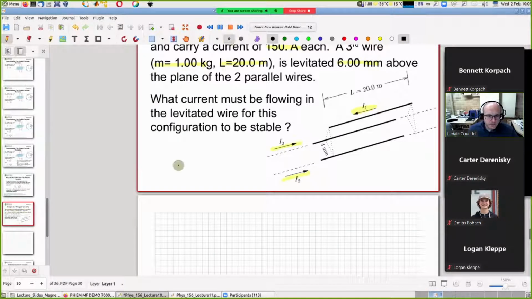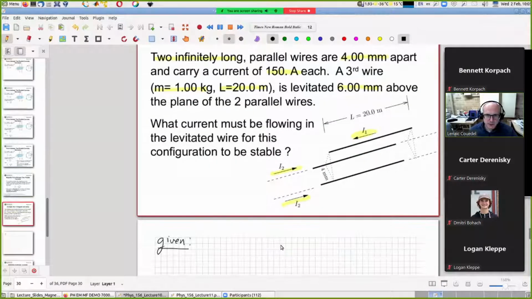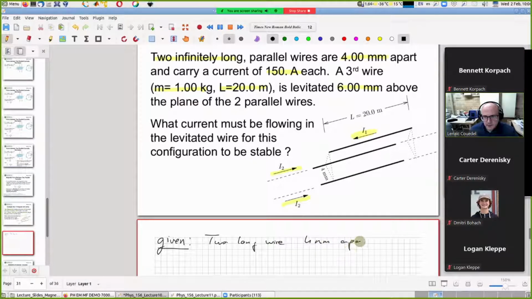So the givens: we have two long wires, 4 millimeters apart, with currents that we will call I1 equal to 150 amps.